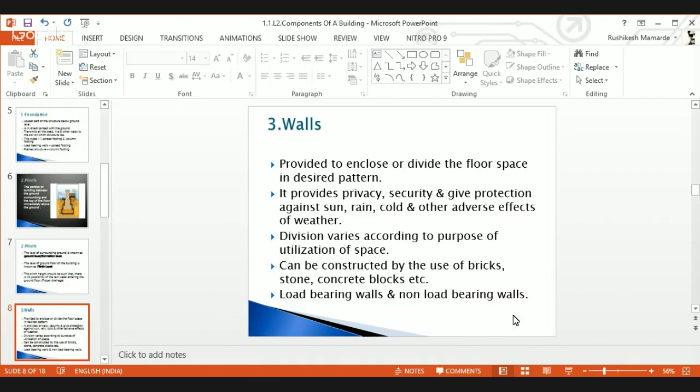And non load bearing walls are those where the whole load is carried by the columns, which then transfer it to the footing, and then to the soil. The walls only carry their own load. They are not carrying the load of the whole building. That type of wall is called a non load bearing wall.